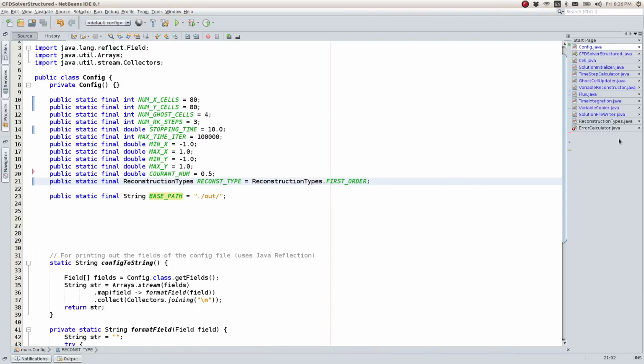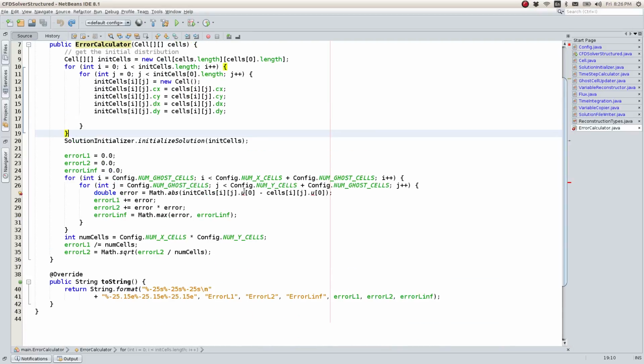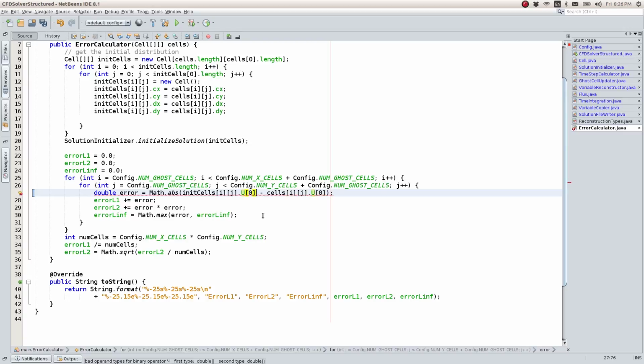Also, this error calculation and this red thing is annoying, so let us get rid of that. Not because I'm going to use it, but it's just annoying. So I'll make that capital U, and let us say that we are just taking a difference of the height function.